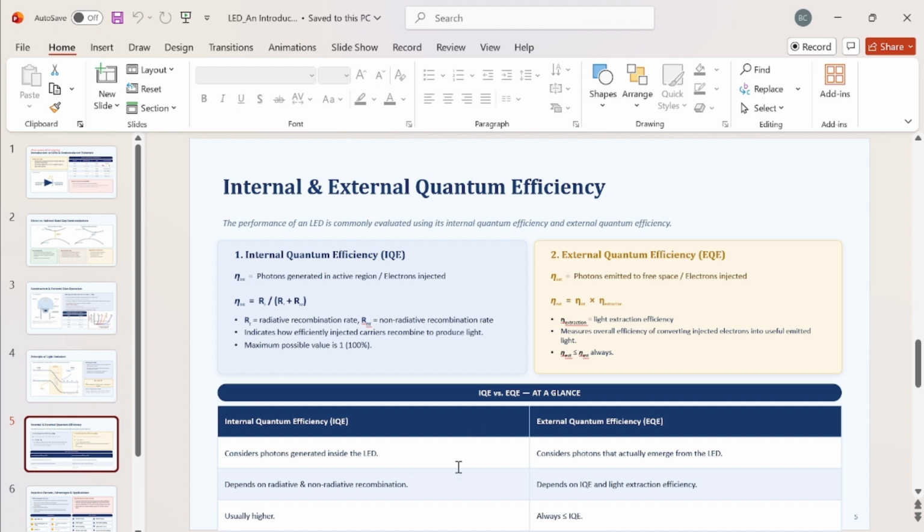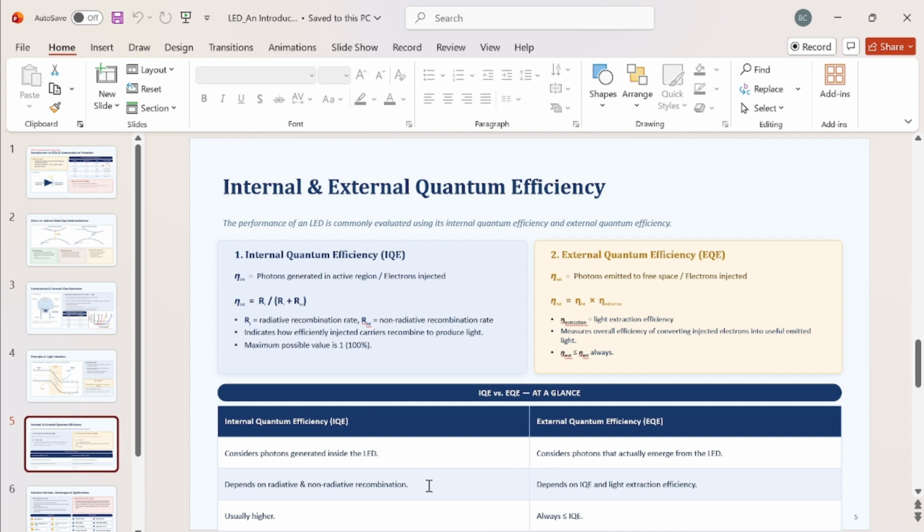Here I have made a comparison between these two types of efficiencies of the light emitting diode. Now internal quantum efficiency basically considers photons generated inside the device, whereas external quantum efficiency considers the photons that are coming out of the device.